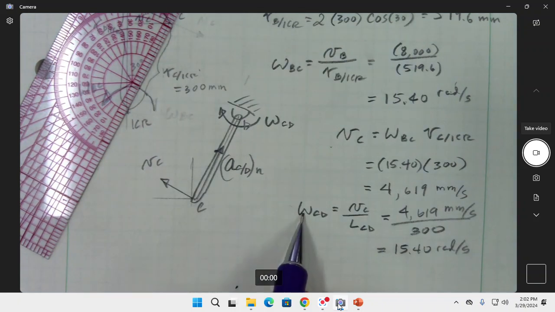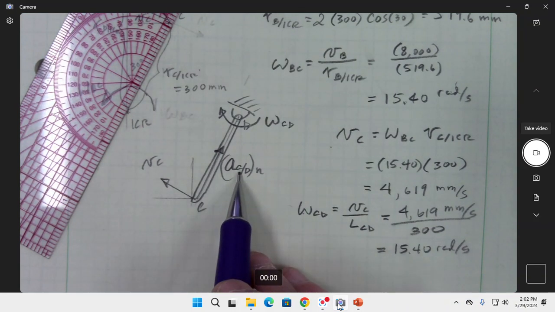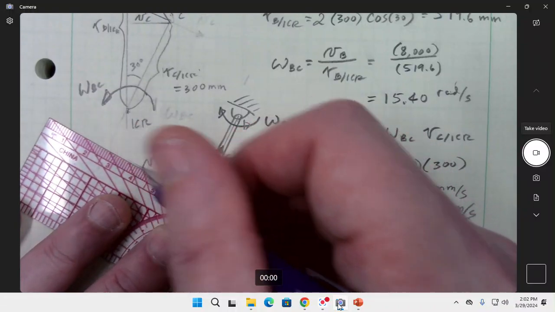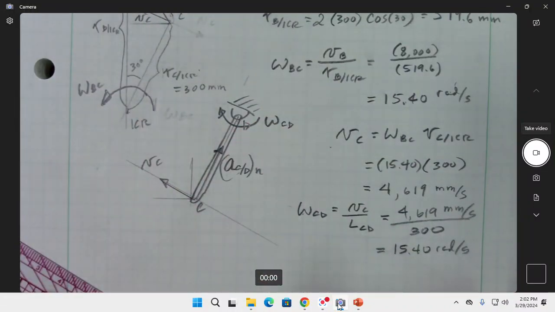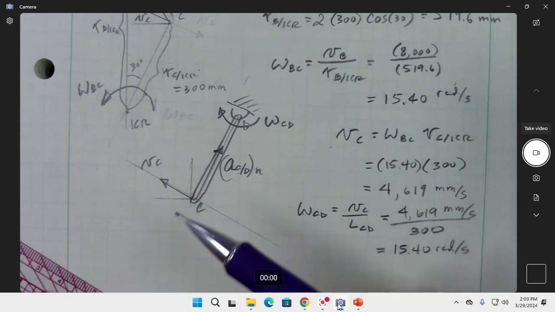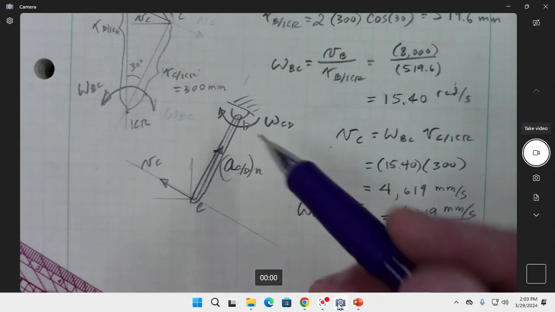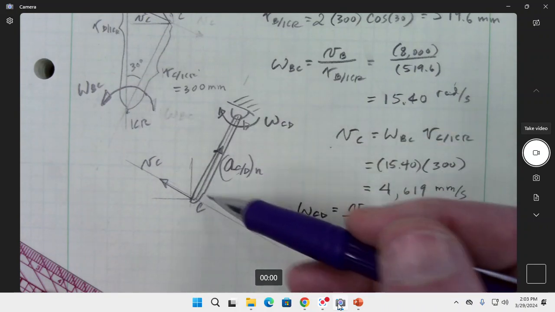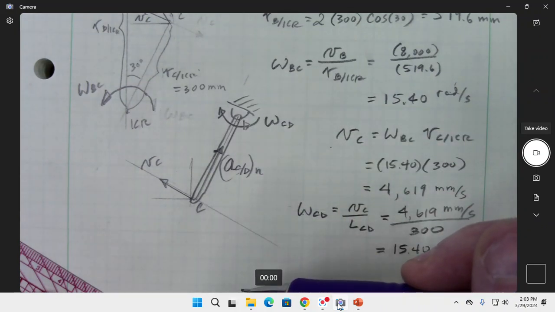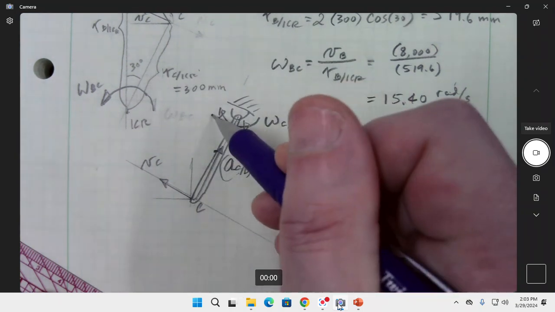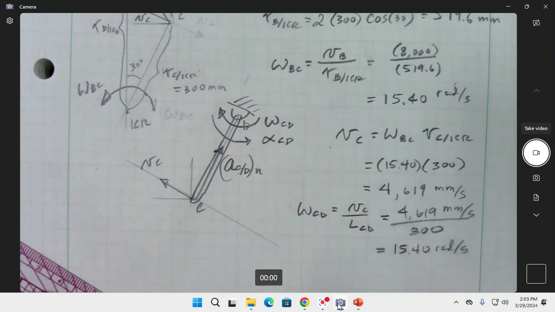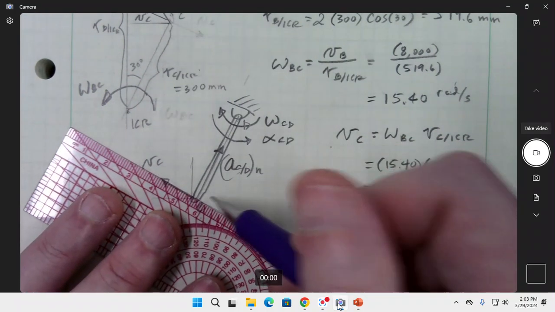Because I know this angular velocity, I can find that component. It will have another component along this line in the tangential direction. We don't know whether it's going that way or that way. I still think it's a good idea to guess that one as positive, so that would be an alpha CD that we could draw onto there. And that's going to be a guess.